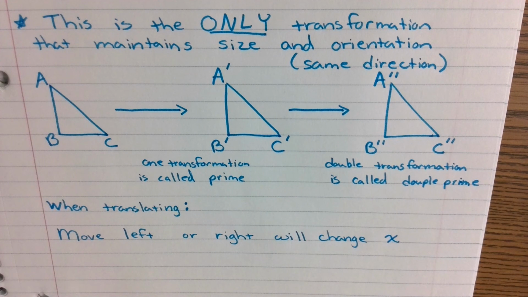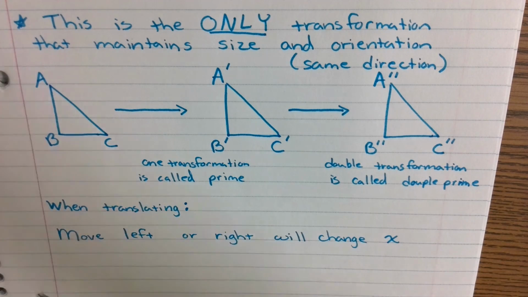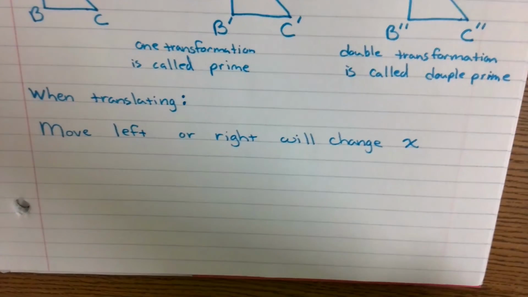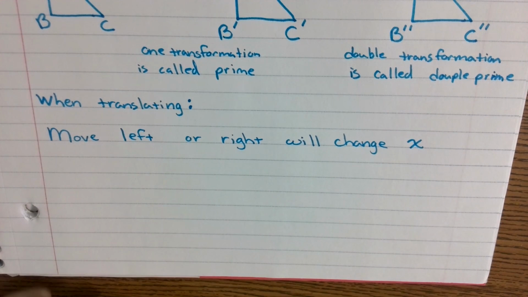So if you're talking about a coordinate grid graphing, and you're given a point, remember points are labeled X, Y. When we move from the left to the right, or from the right to the left, it changes the position of our X.